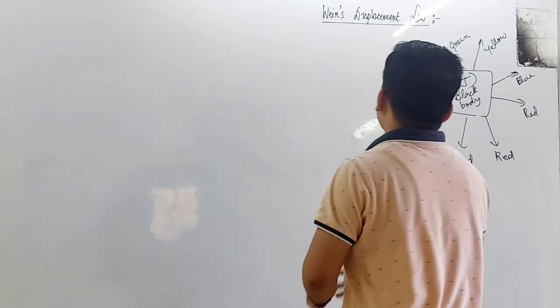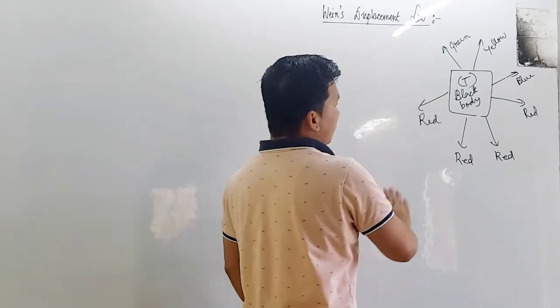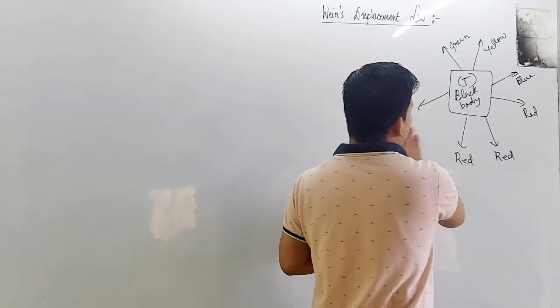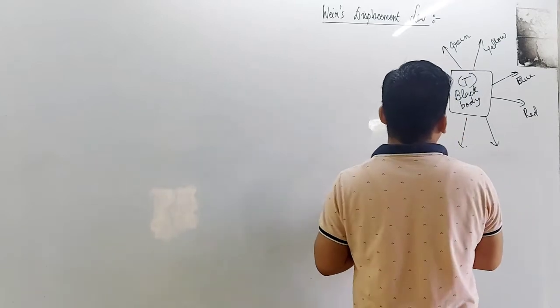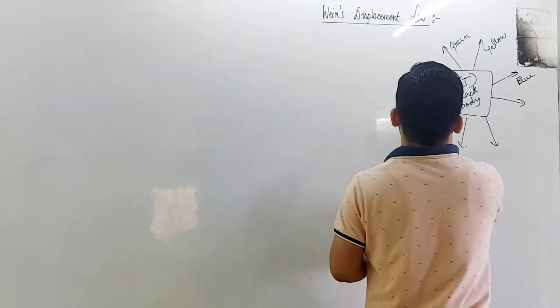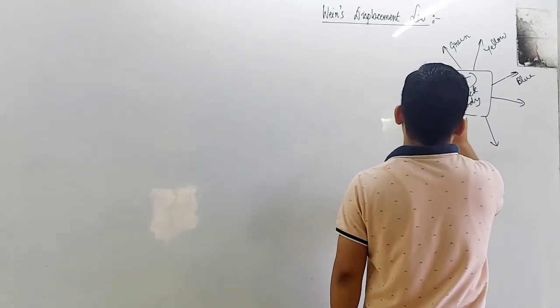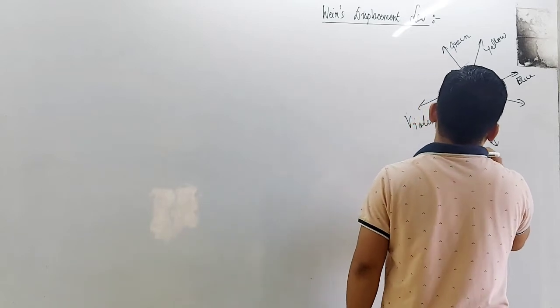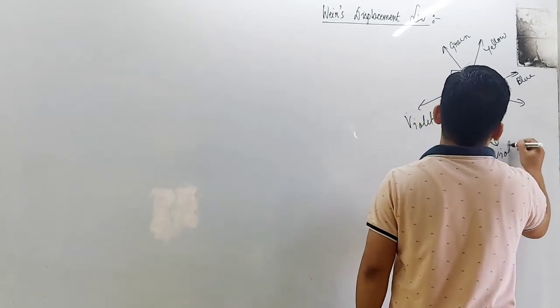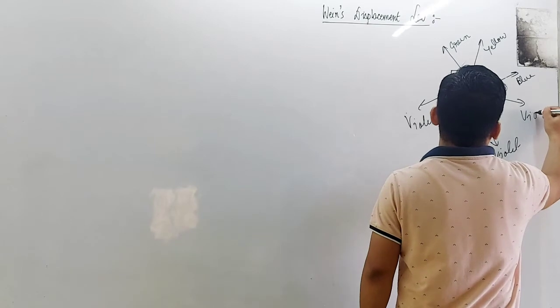Here in Wien's displacement law, the concept is very simple. Now let us put it as violet instead. This is violet. This is also violet. This is also violet. This is again violet in the color.